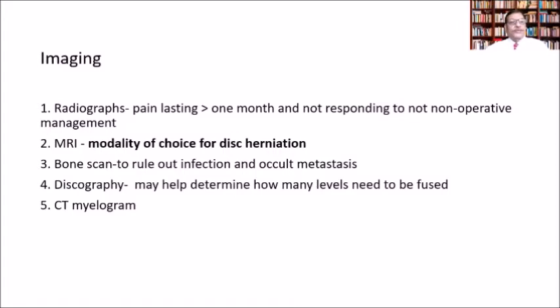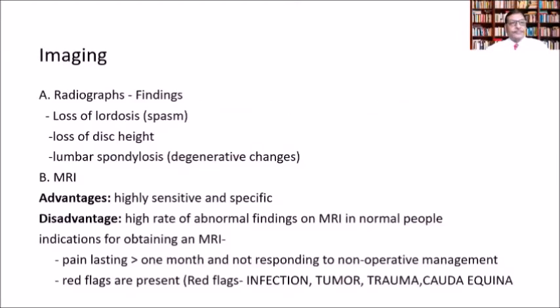Bone scan is usually done to rule out infection and occult metastasis; they also can cause pain in the back. Discography sometimes is helpful in determining the levels of the fusion that the surgeon has to do. And sometimes CT myelogram is needed.